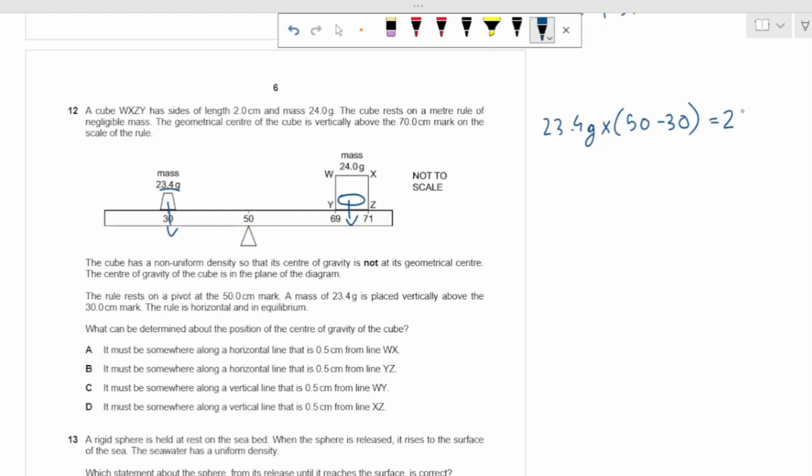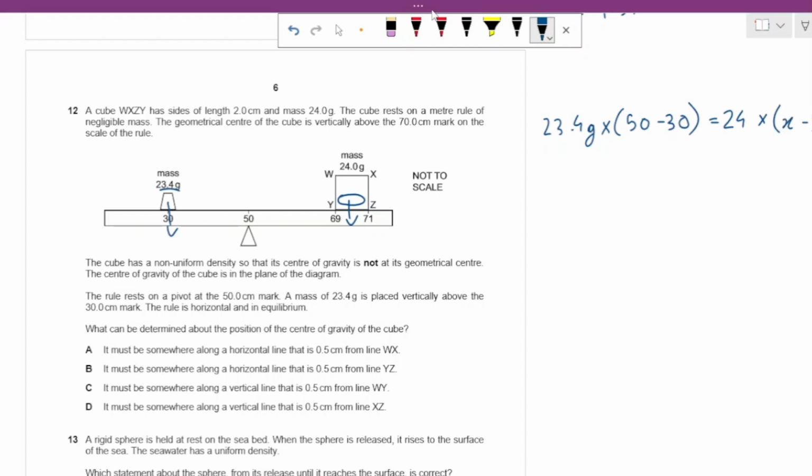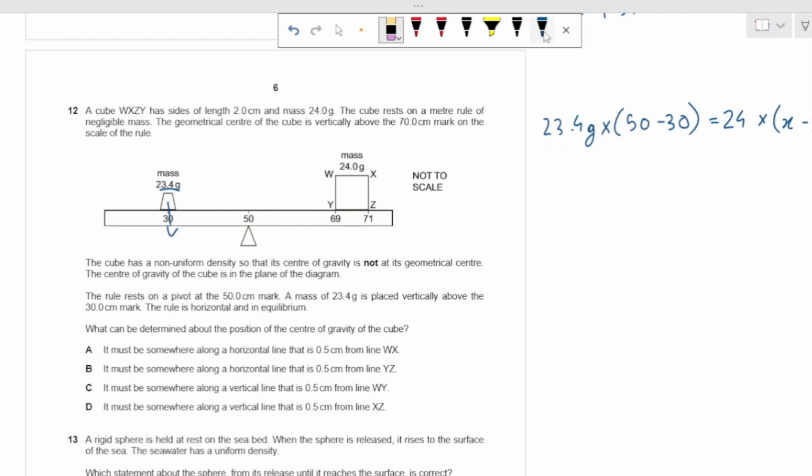On the other hand side, we have 24 multiplied with 69. Let us start with one of the sides, 69 minus 50. You could also start with 71 and then work out, but I'll be doing it from the 69 point. Or actually no, we do not know the exact point. The exact point, let's name it as x. x is some point which we need to find out. x minus 50.